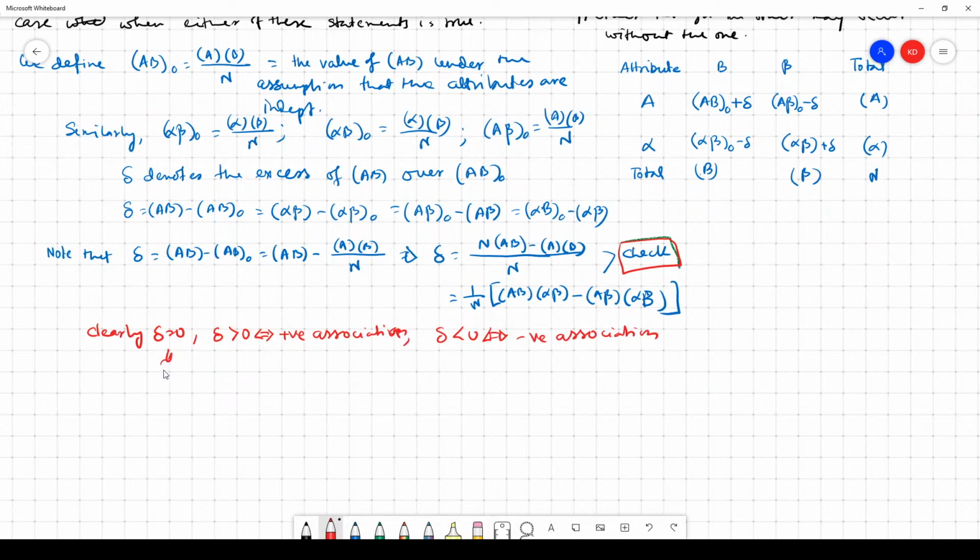Delta equal to 0 is no association. Hence, no association means that A and B are independent.